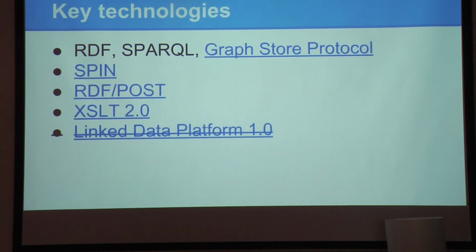The key technologies used to implement this in our platform basically combine those technologies into one piece of software, but they were defined well before. As I mentioned, SPIN to meta model SPARQL is one of the cornerstones, and then RDF POST encoding, that not so many people know.